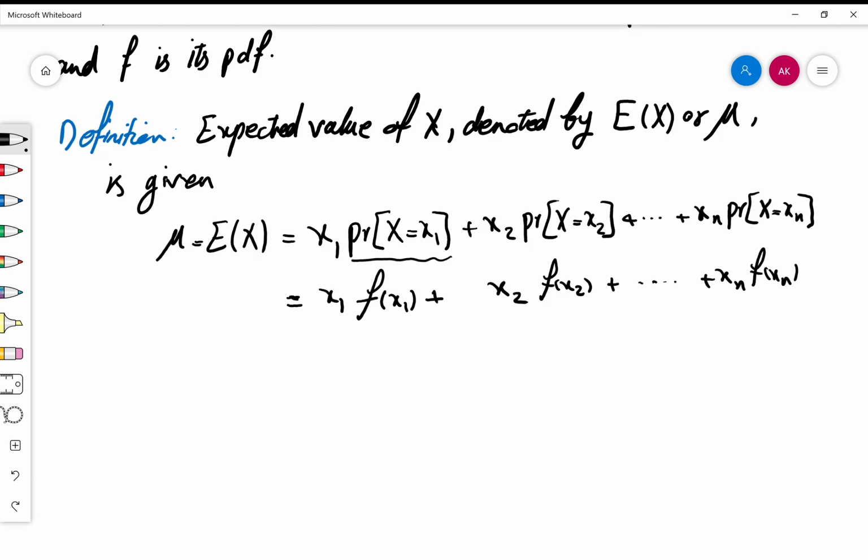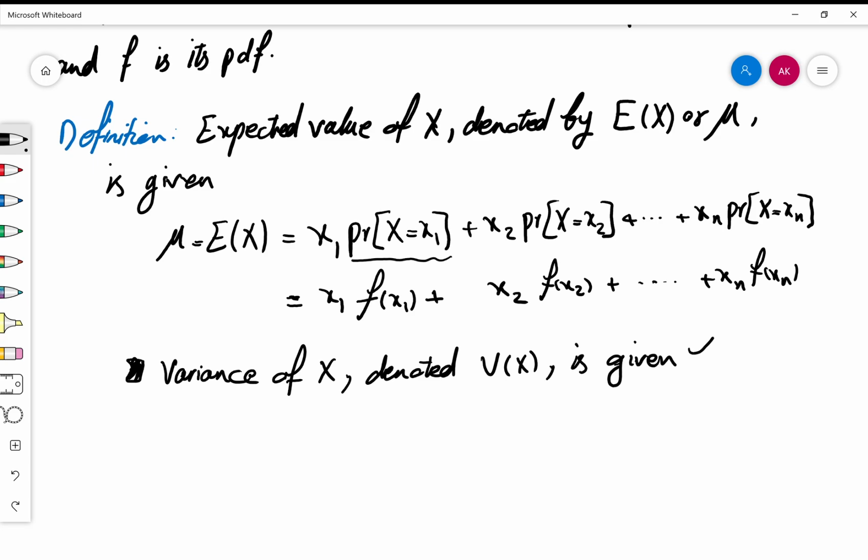It's not just that, we have other things also. Variance. So the variance of X, which we denote by V of X, is again a number. How do we compute this number? This time it's a little bit different and more complicated.